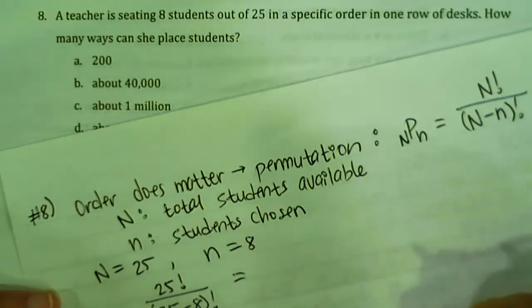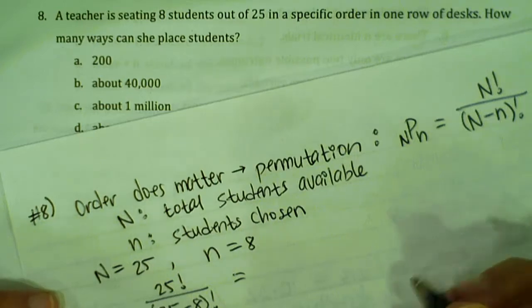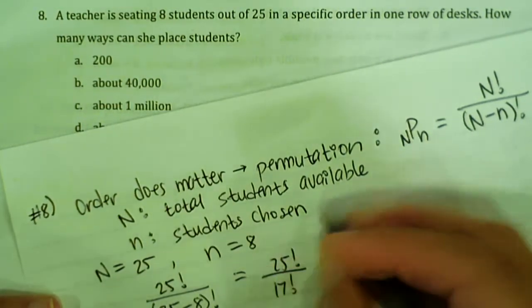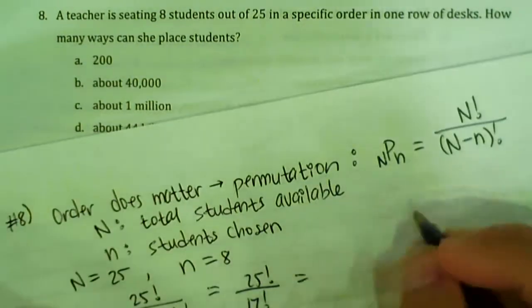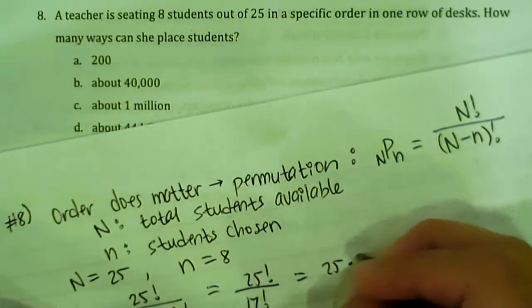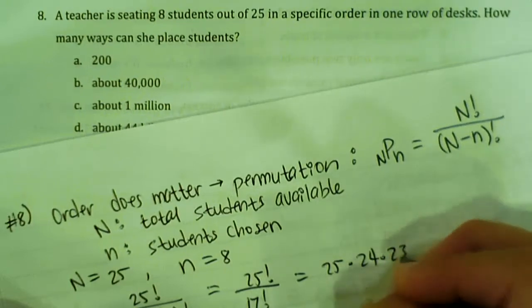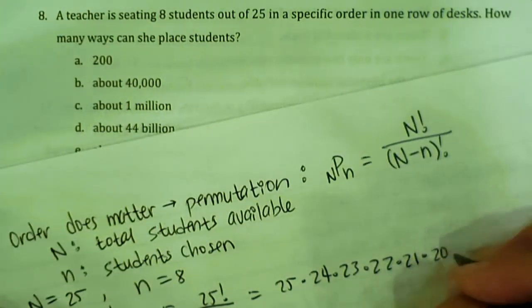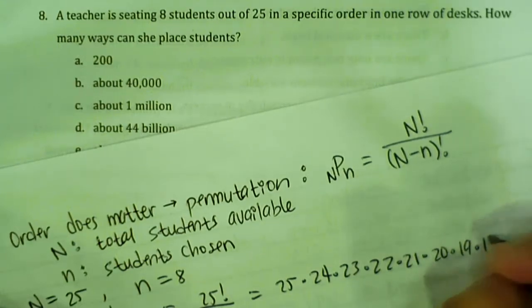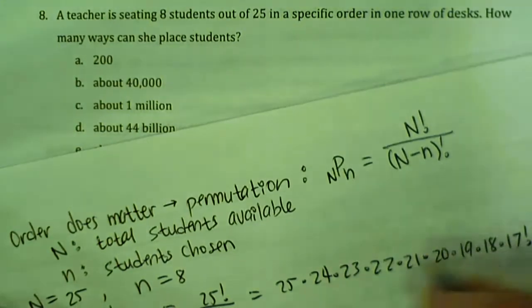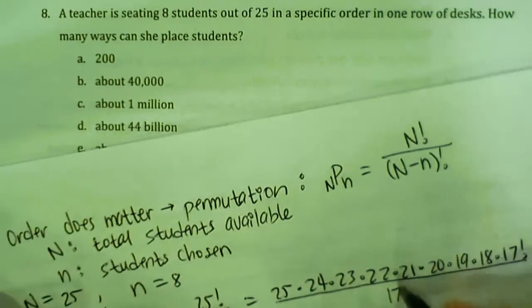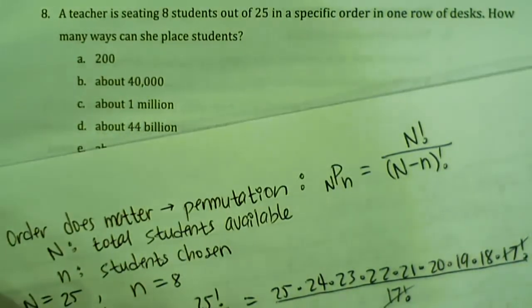So 25 minus 8. What is 25 minus 8? 17. And then we can simplify that a little bit. 25 times 24 times 23 times 22 times 21 times 20 times 19 times 18 times 17 factorial. And then we can cancel those out.